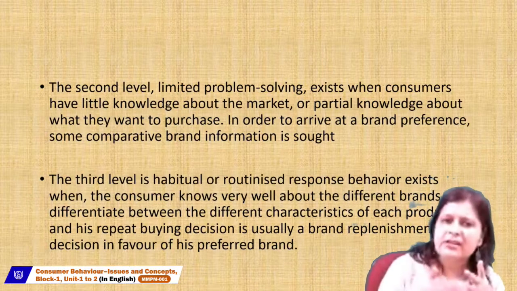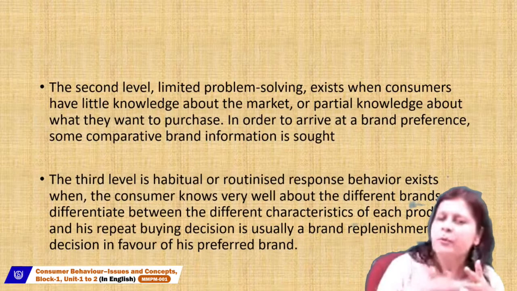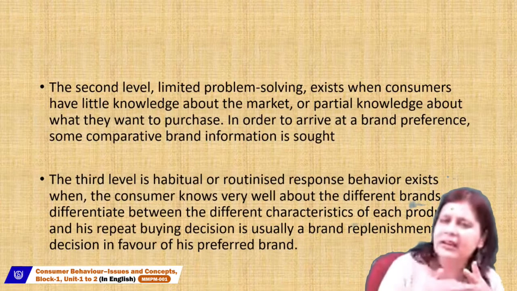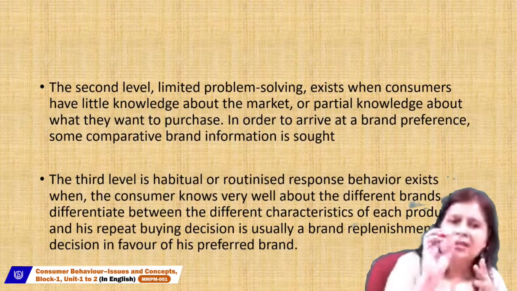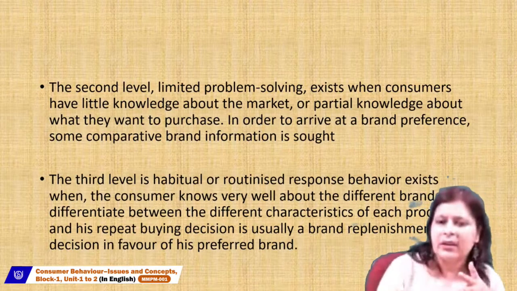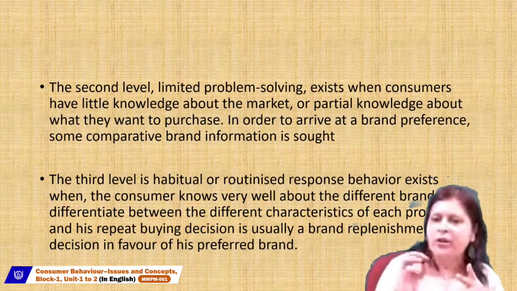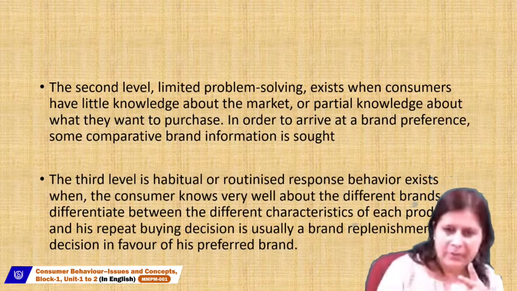The second level is limited problem solving, which exists when the consumer has little knowledge about the market or partial knowledge about what they want to purchase. In order to arrive at a brand preference, some comparative brand information is sought.